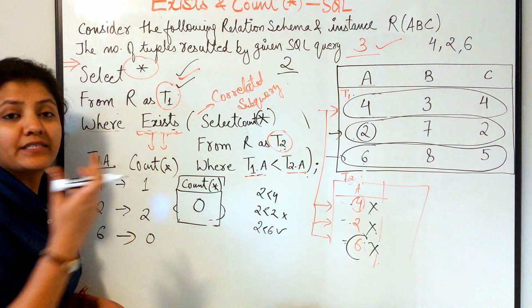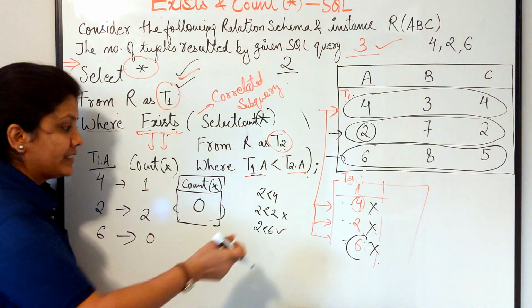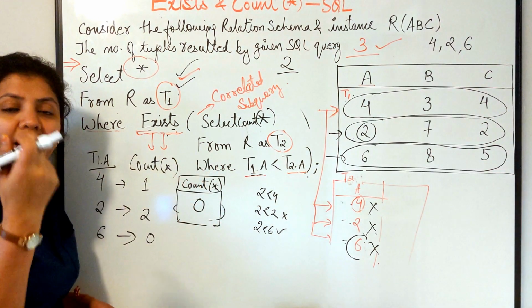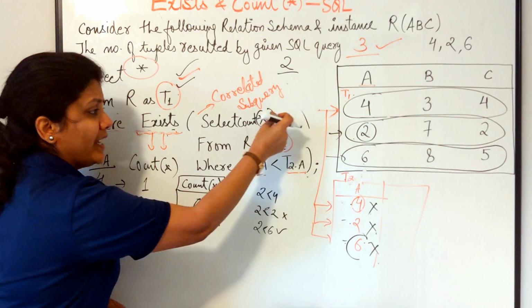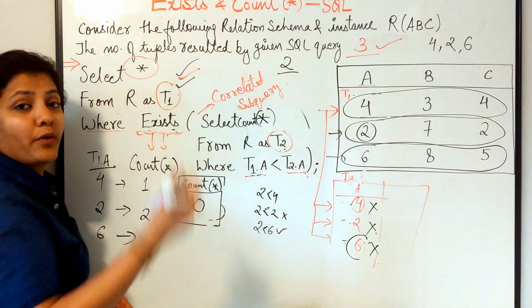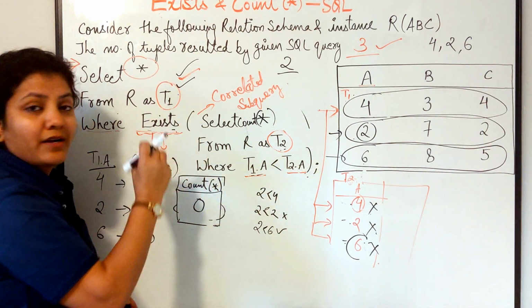Okay, even 0 is a number, it's a value, it is reflecting 1 tuple. And if it is reflecting 1 tuple, that means this table is not empty. This table is containing some value. And if it is not empty, this exists is going to throw true, and that tuple will get selected. Okay, so this is how the change will come.